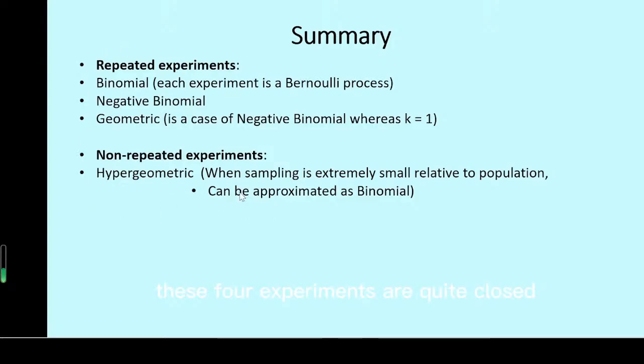These four experiments are quite close, but if you separate them, you can see binomial, negative binomial, and geometric are all repeated experiments. In this kind of experiment, an item is taken out for a trial, but the item is put back in the pool with the other items, so it has a constant success rate.